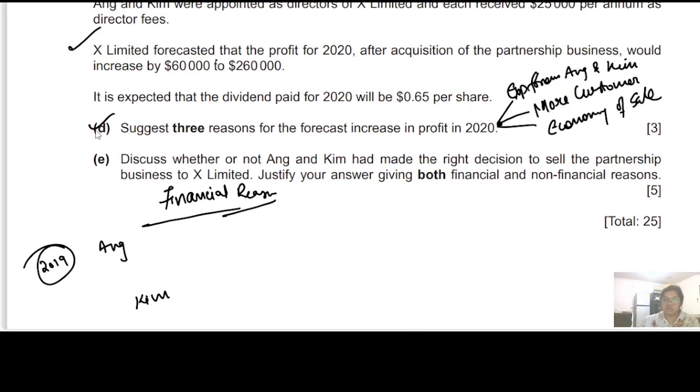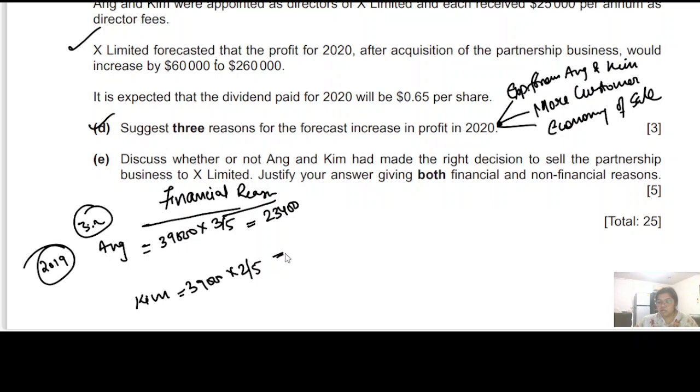So in 2009, the income of Ang is 39,000 into 3 by 5, which is 23,400. Same for Kim, 39,000 into 2 by 5, because the ratio is 3:2. So 15,600.